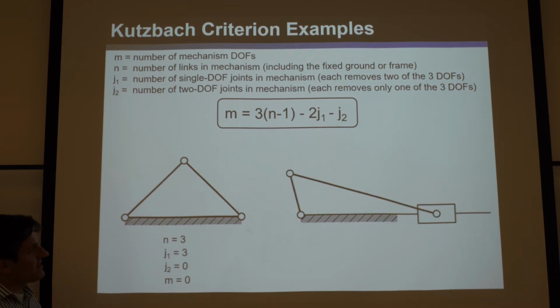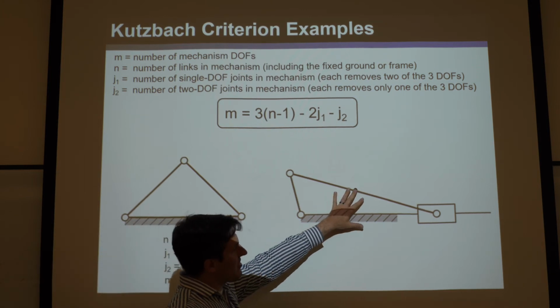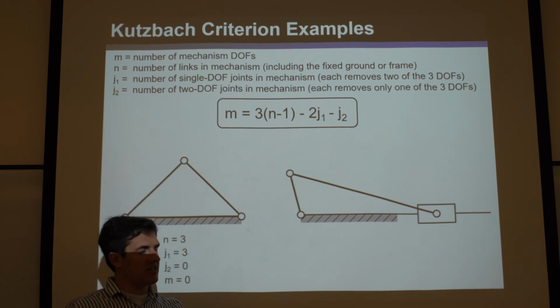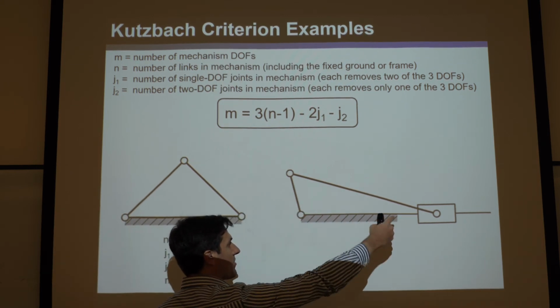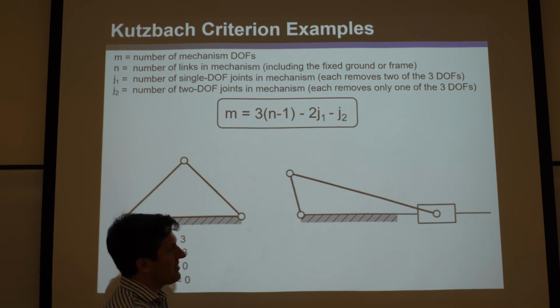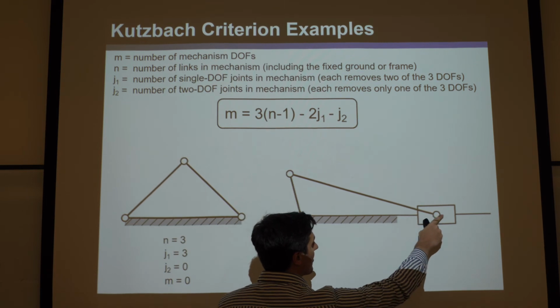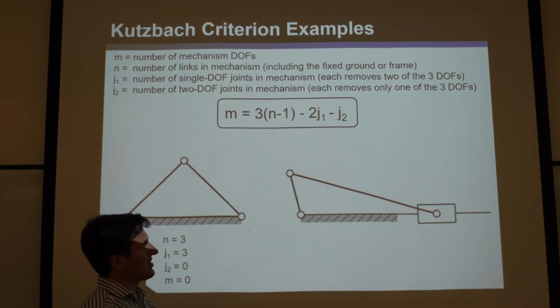Okay, all right. So let's go to another example here. Here is the slider crank mechanism, and here's what makes it more clear that it's a closed kinematic chain. Let's first do this example again. Is this a mechanism? Yes, it consists of links connected together by joints, there is a ground. It's this guy that goes all the way through there. It's held fixed. Is it a closed kinematic chain?